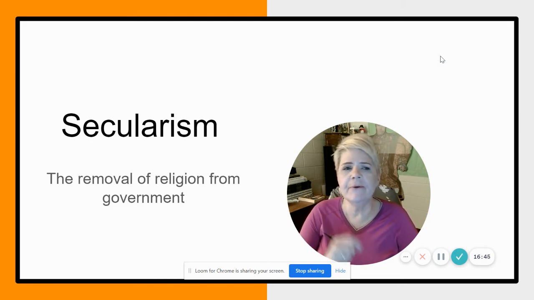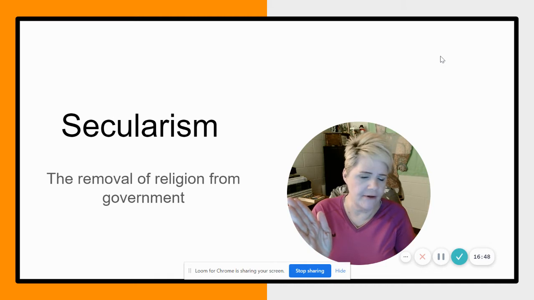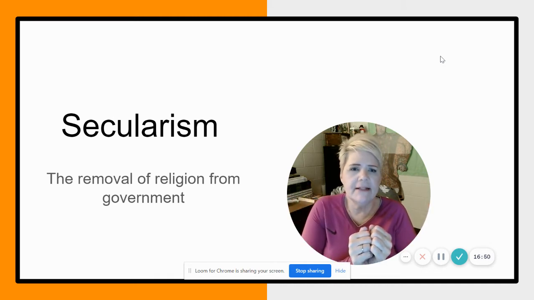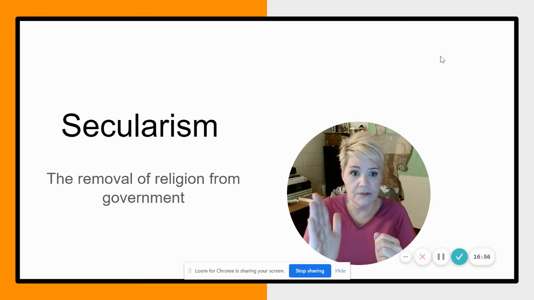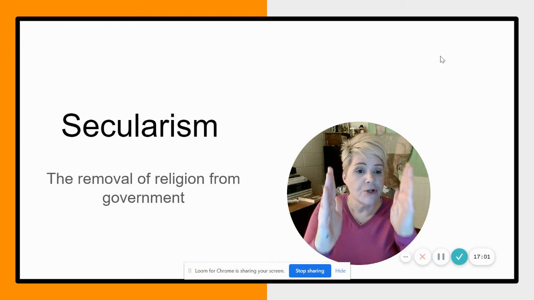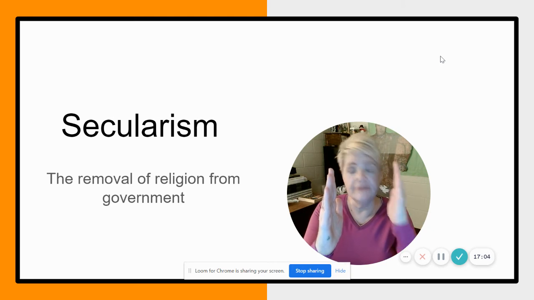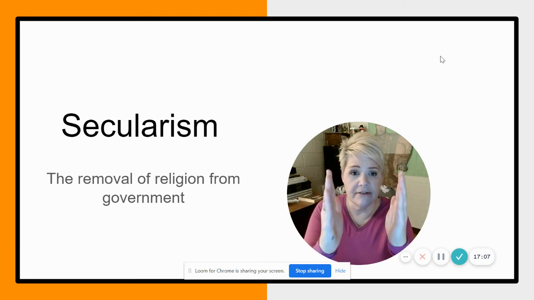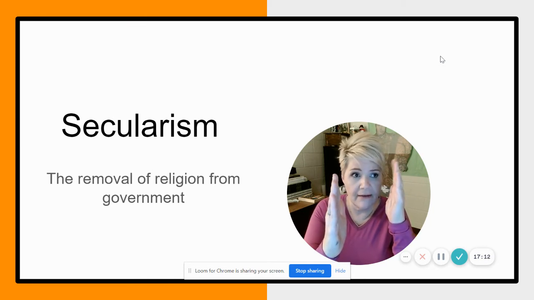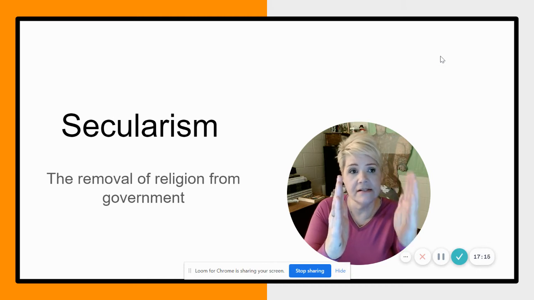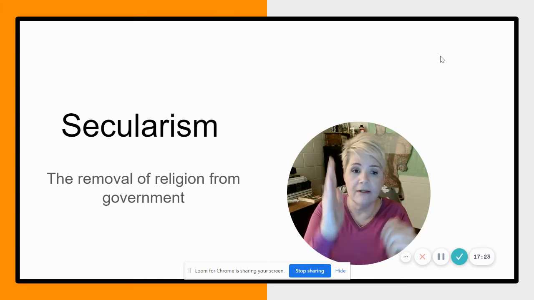Secularism. Secularism is when you're taking the church out of government. Okay, the best example I can give you on that is with schools. Clio is a public school, so we are a secular school versus Powers, which is sponsored by the Catholic Church, so they're private. And they can pray and talk and have mass on Fridays and things like that, celebrate holidays that have to do with Christianity, like in the building, and we can't.